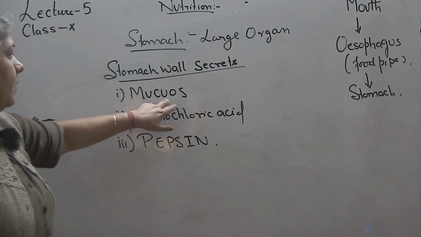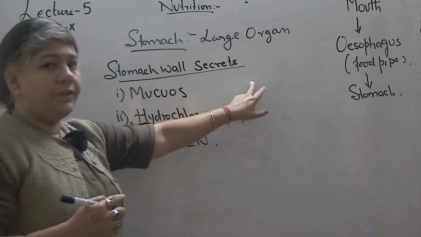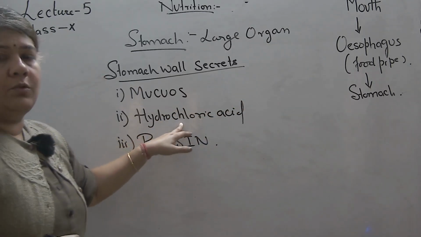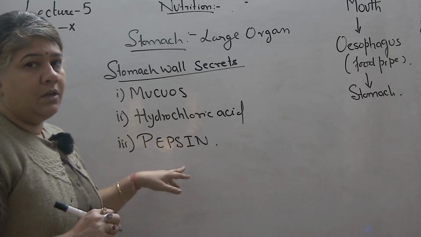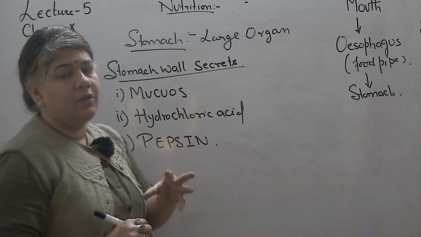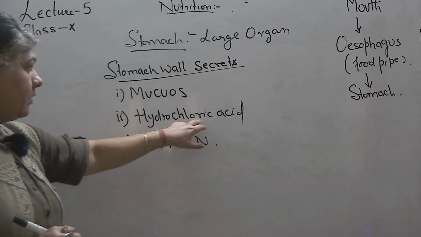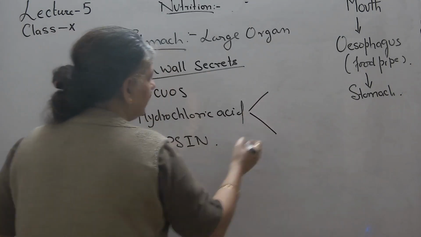The mucus lines the whole of the wall of the stomach. Hydrochloric acid makes the food that has come into the stomach acidic in nature. The bolus that is coming from the esophagus is mixed with hydrochloric acid. So hydrochloric acid basically performs 2 functions.